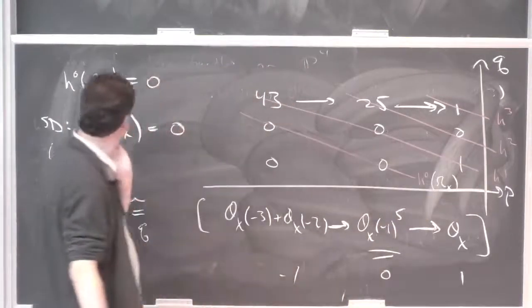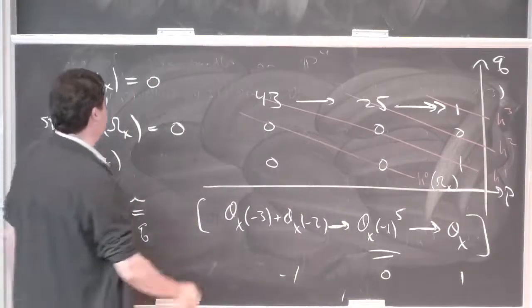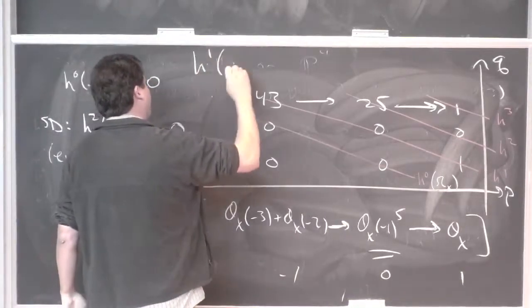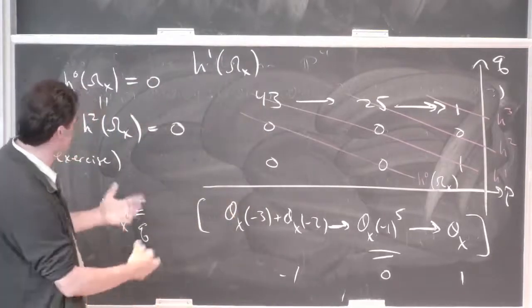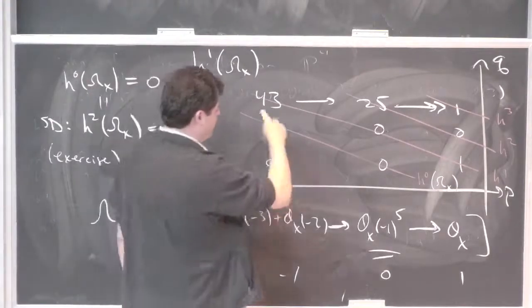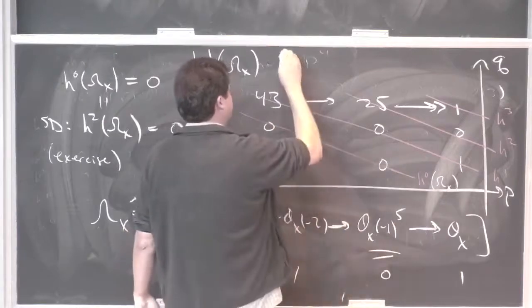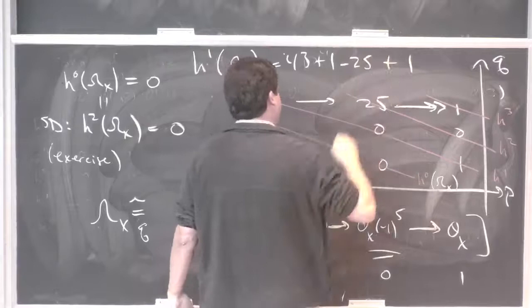And so h1 of Omega_X. Well, now I can just take an Euler characteristic. H1 is going to be 43 plus 1 minus 25 plus 1.